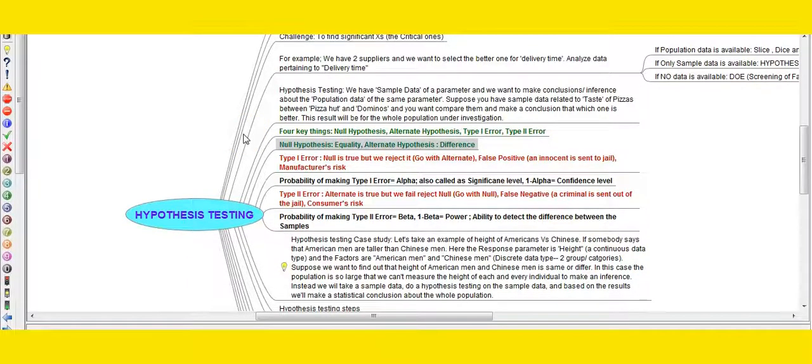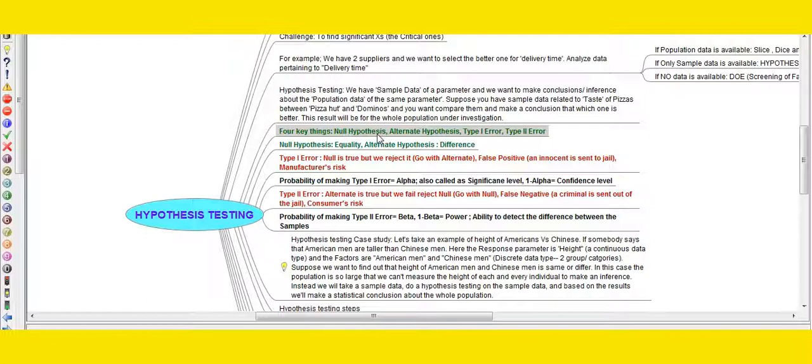There are 4 key things related to hypothesis testing which are very important, and we must understand them clearly before moving ahead with hypothesis testing.